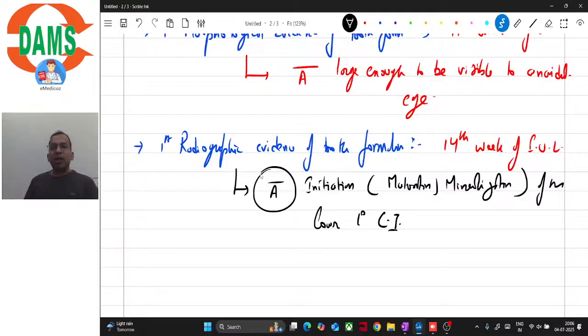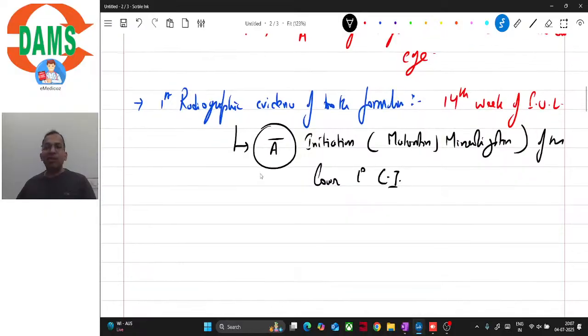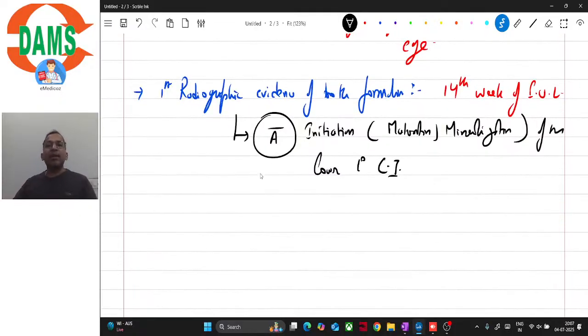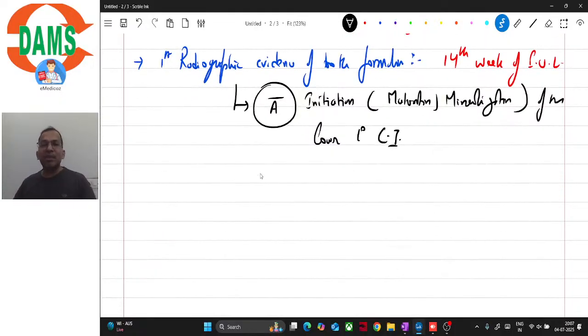As we studied in the chronology, we studied the initiation date and the crown completion date, right? So calcification begins at this time, at the 14th week of intrauterine life. That's when you can first visualize any tooth on a radiograph, right? So these are the different stages that you can remember.